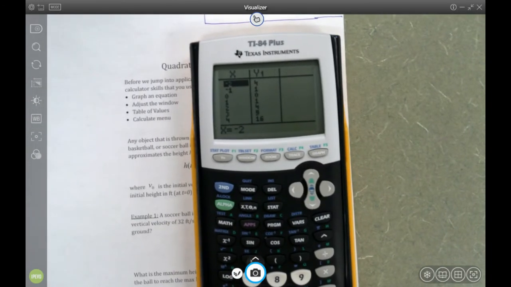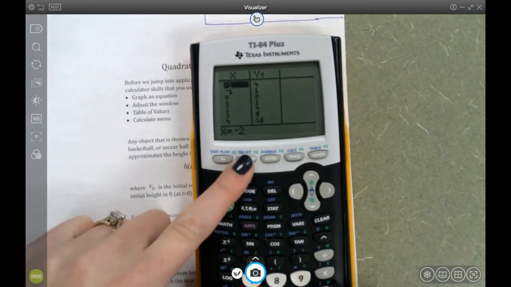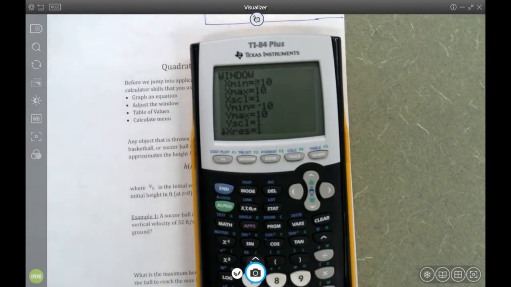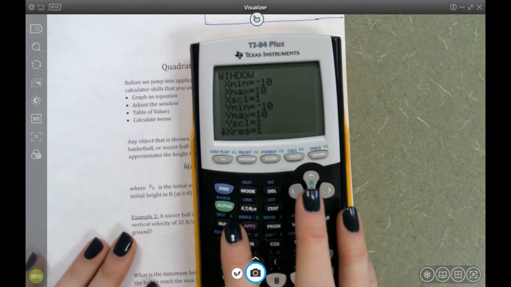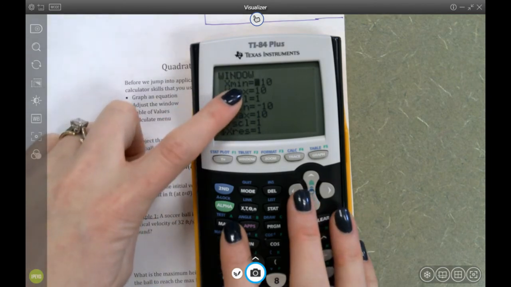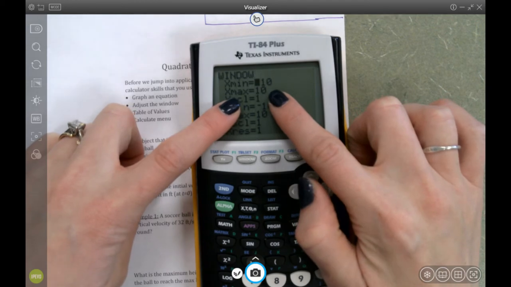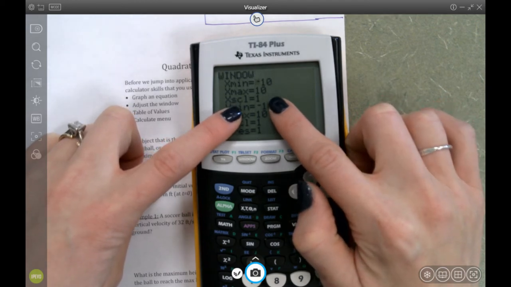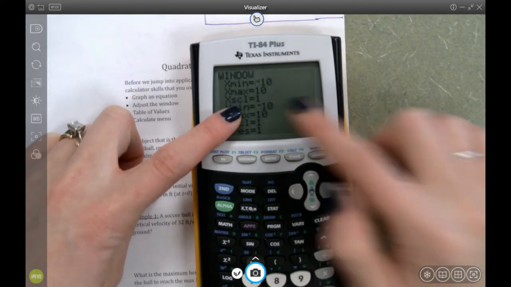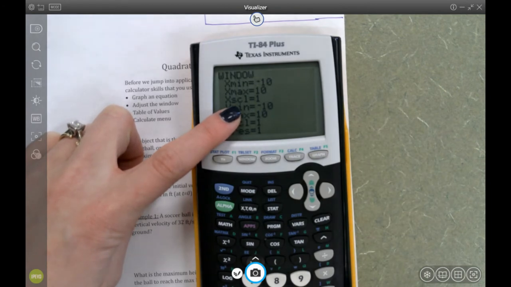Okay, you can adjust the window of your graph to show other areas that you can't see. So an X-min shows you how far to the left. X-max is how far to the right. The X scale, all that means is it tells you how often they're going to have a tick mark.